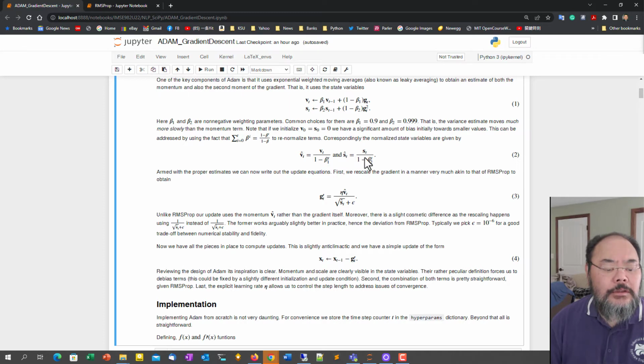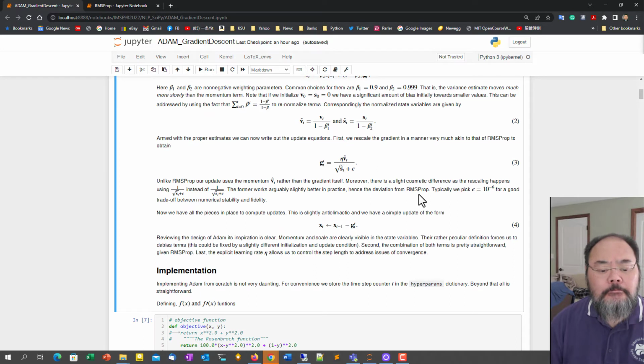Then we can use these V hat and S hat to calculate the G prime. And this is pretty much the equation RMSprop is doing. And then we update our current solution: xt equals xt minus 1 minus G prime.